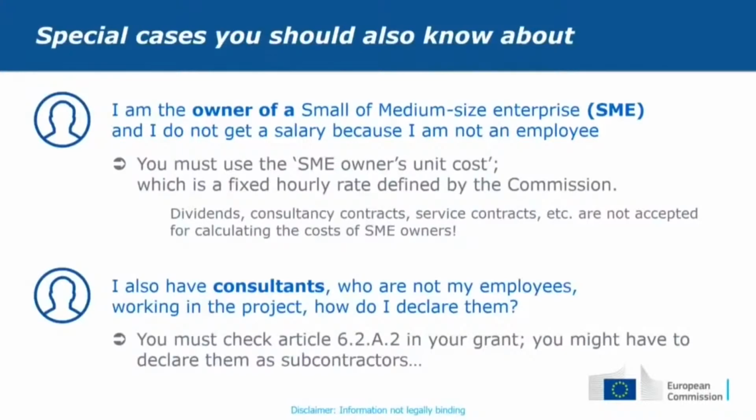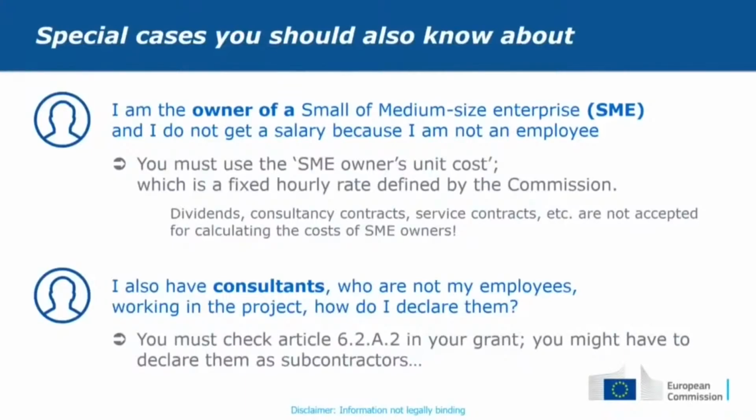If this owner is not an employee, in some countries it's not possible to be an employee of your own company, but participates in the grant agreement, so works directly in the action, in the project itself, we accept that the time of this SME owner is valorized and can be charged to the Horizon 2020 action via what we call a unit cost, which actually is an hourly rate that is fixed by the Commission and that will appear directly in your grant agreement.